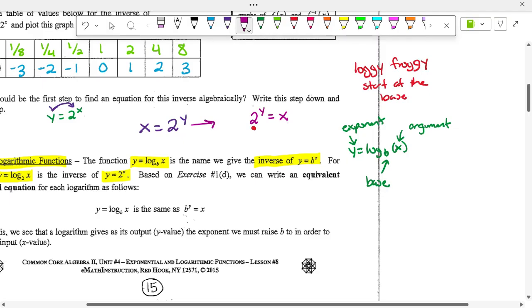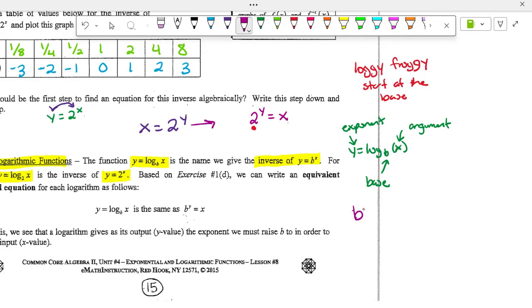So with an exponential, if I have b to the x is equal to y, this is the argument, base, exponent. So the next place you go is the argument.